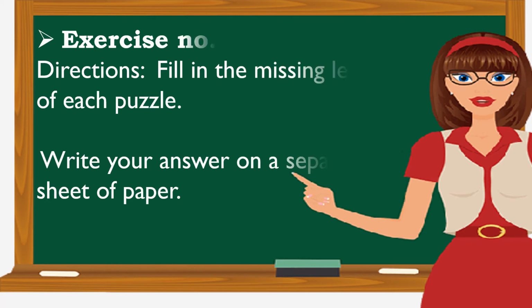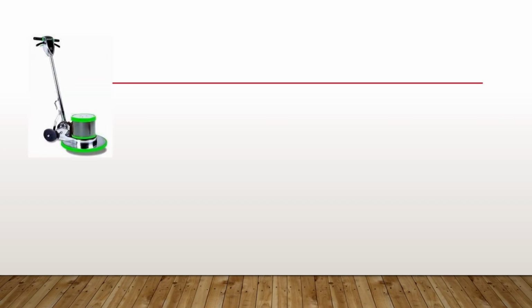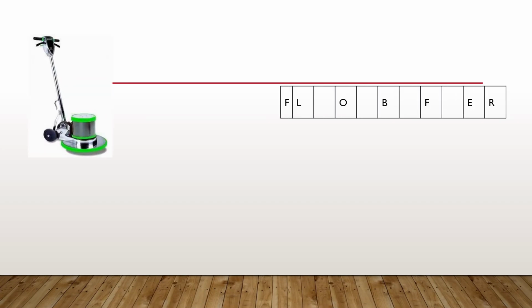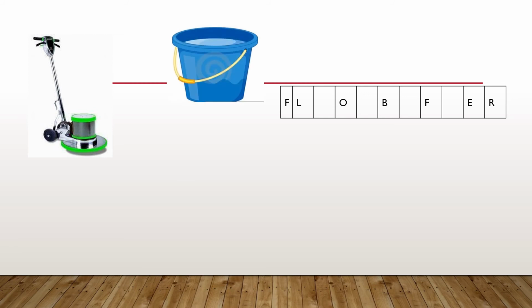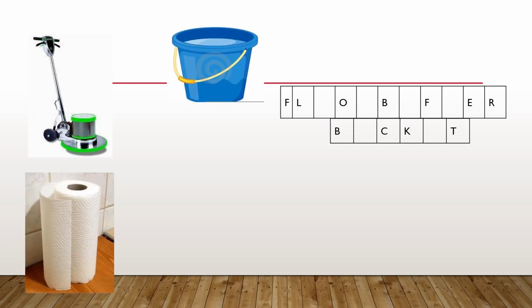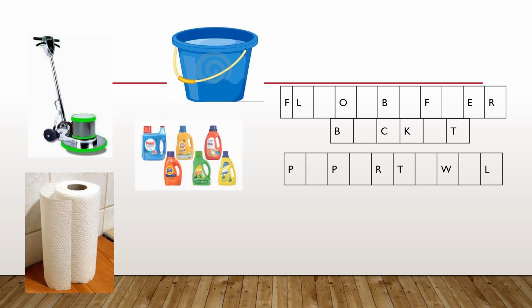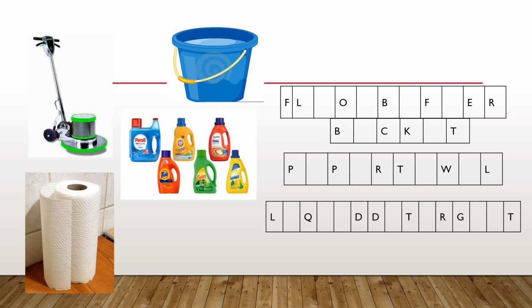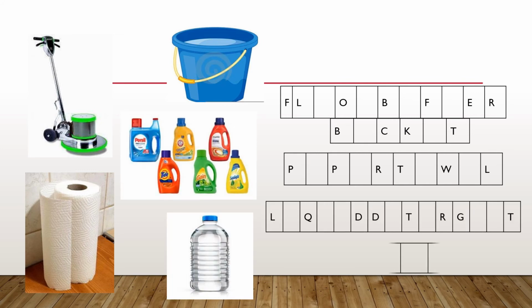Exercise number 2. Directions. Fill in the missing letters of each puzzle. Write your answer on a separate sheet of paper. Picture number 1. Fill in the missing letters. Number 2. Number 3. 4. 5.